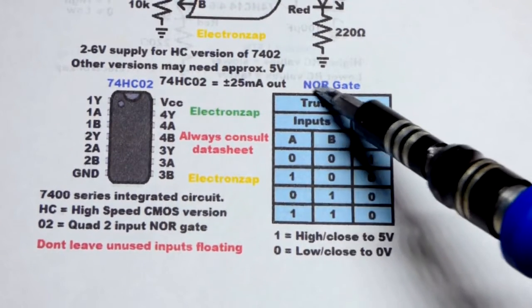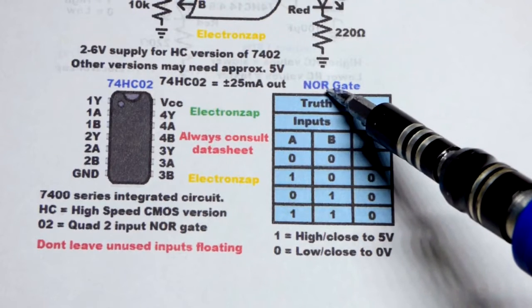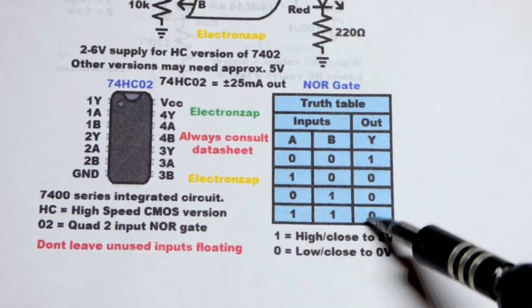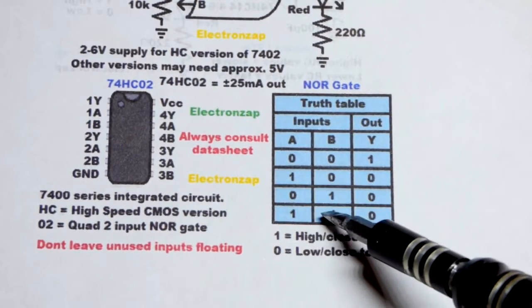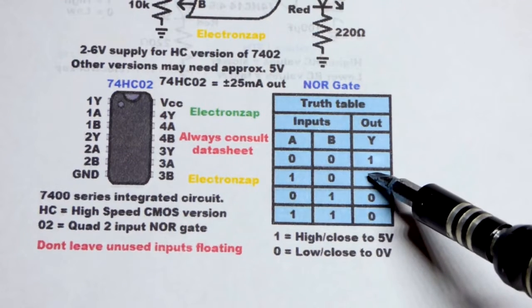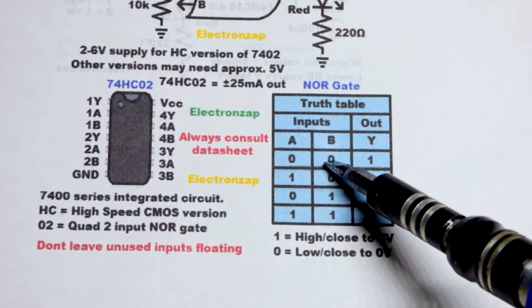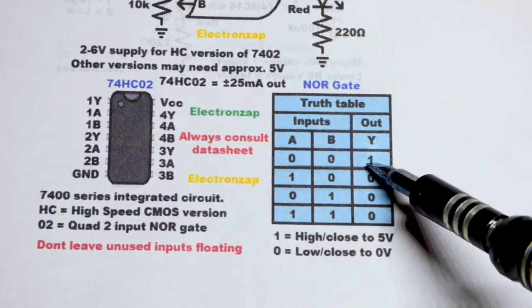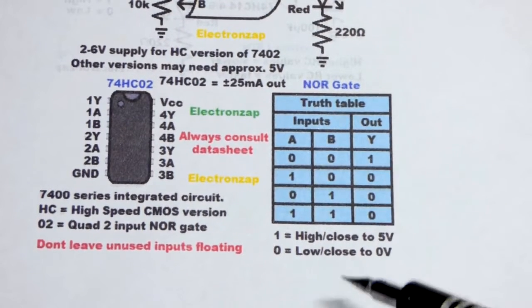But since this is a NOR gate, that means not OR gate, or inverted OR gate, the output is inverted. And so instead of the output being high when one or more inputs are high, it's low. And if all of the inputs are low, instead of being low like the OR gate, the NOR gate is high right there. So that's the rules.